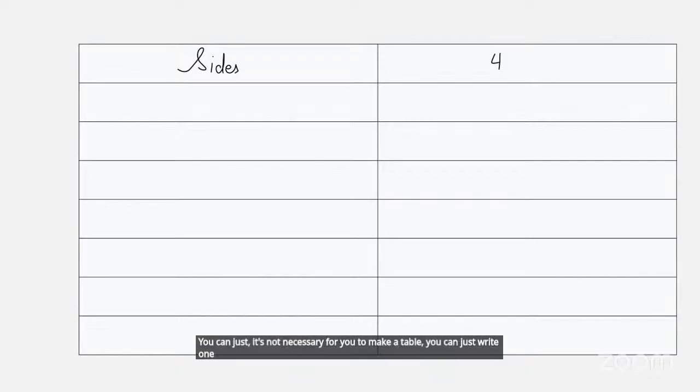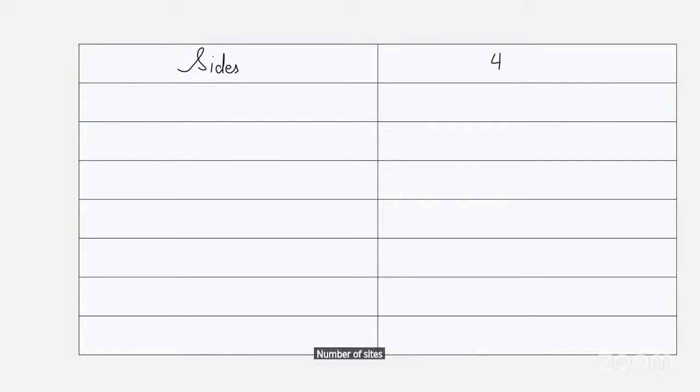Sides are four. It's not necessary for you to make a table. You can just write sides, dash, number of sides. Then how many angles? Four angles. How many vertices?